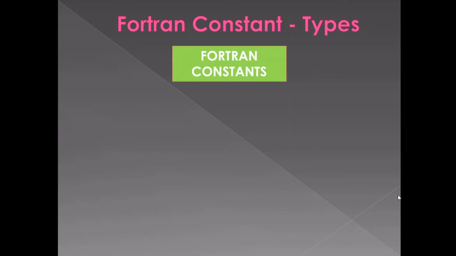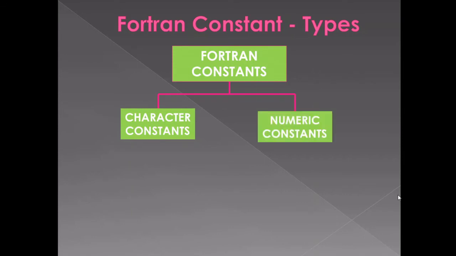Fortran constants can be broadly divided into two types. Character constants. What is a character constant? We'll discuss later. First, let's see the classification. Second is the numeric constants. Numeric constants again can be of two types: integer constant and real constant. Again, real constants can be of two types.